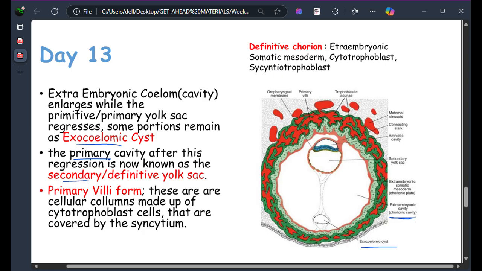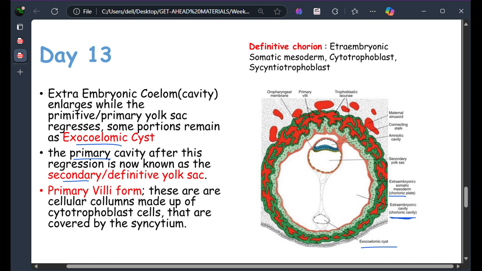So in case you find the chorionic cavity, don't be lost. What we are calling the somatic mesoderm, the extraembryonic somatic mesoderm, the one that is continuous with the cytotrophoblast, is now also called the chorionic plate. One thing that your lecturer likes is to use other names for other structures just to sort of confuse you.